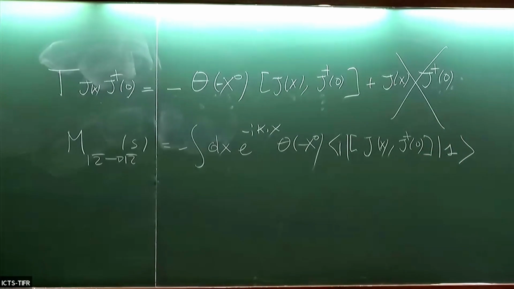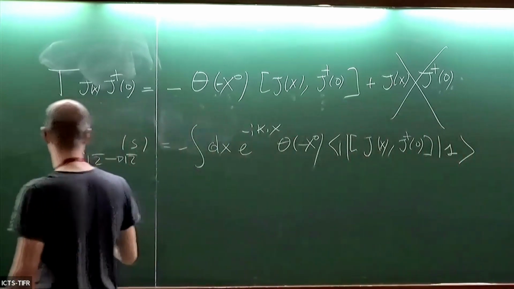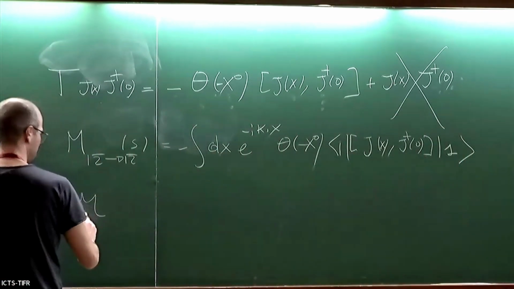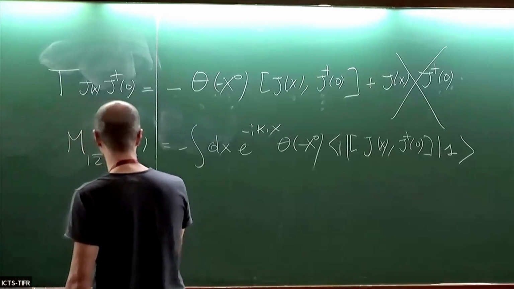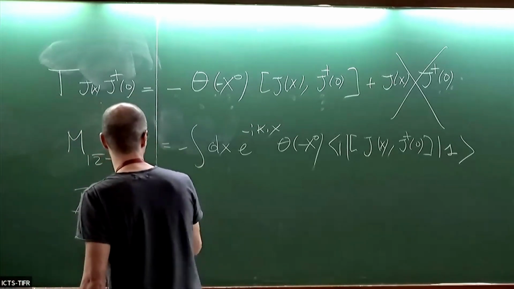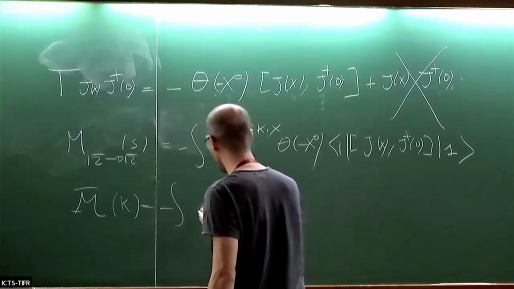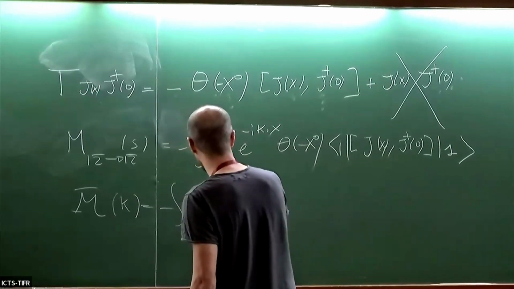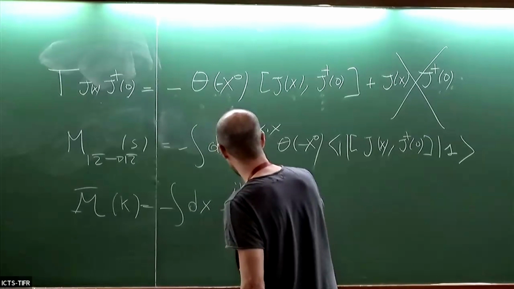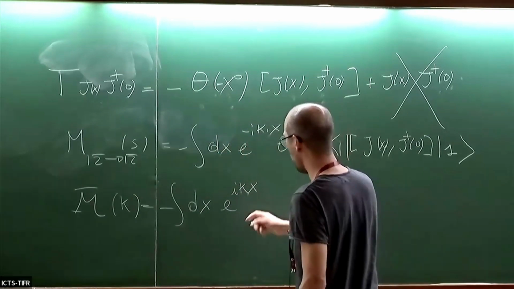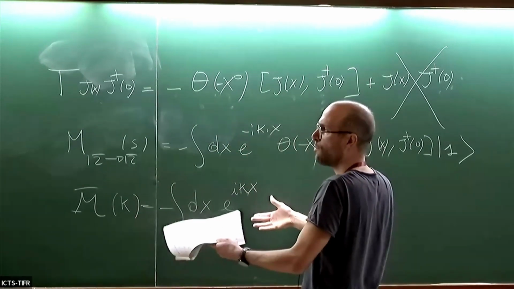Okay. But for the purpose of the argument, it's actually slightly better to define a new function. Let me define m bar of k, which is the same, but with the opposite sign. I want to still do a Fourier transform, with the same definition.